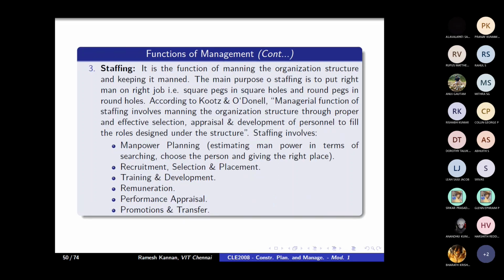Then we talk about staffing. Staffing, as I told you, is maneuvering the personnel, right? According to Koontz and O'Donnell, staffing involves manning the organizing structure through proper and effective selection and appraisal.